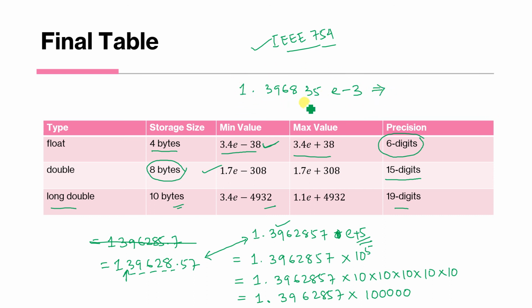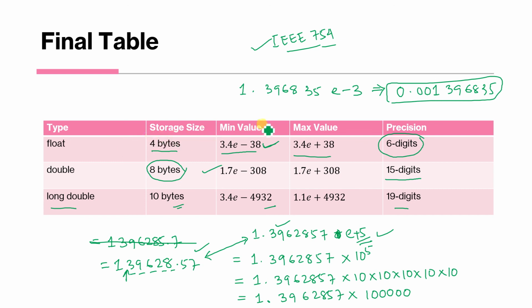In decimal or floating point form, you have to shift 3 places towards the left, so it will be 0.001396835. This is the decimal representation of this number. Got it? You might have read about this in your mathematics subject, but if you don't know, this is the way a scientific representation of a decimal number is done.